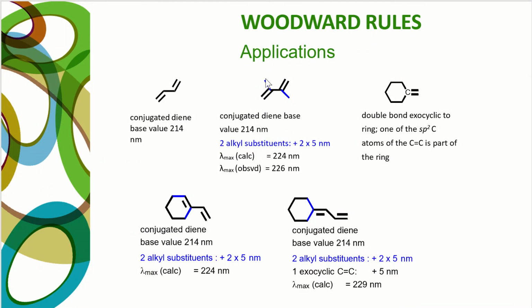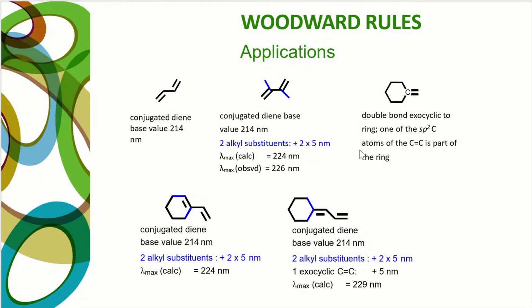And so we have two alkyl substituents, and so 2 times 5 gives us 10, and we add that to the base value and we get the calculated lambda max as 250 nanometers as opposed to the observed lambda max of 226 nanometers. So essentially what they did, they came up with a bunch of rules for getting a calculated value for the lambda max, and it worked out to be very close to the observed value for lambda max.